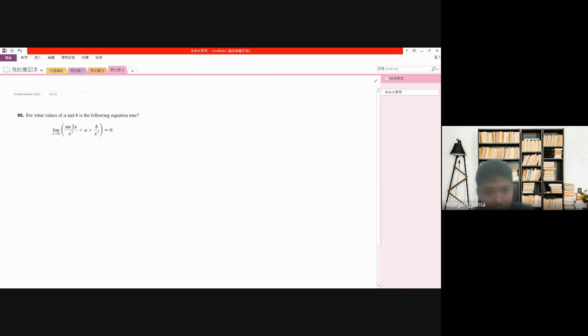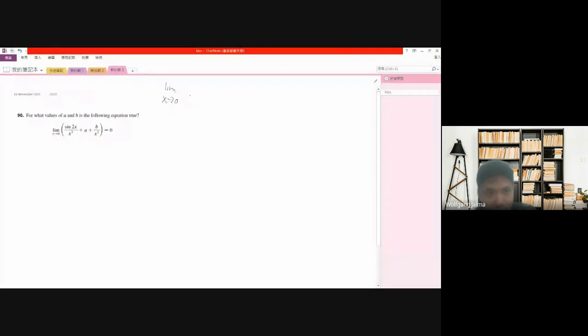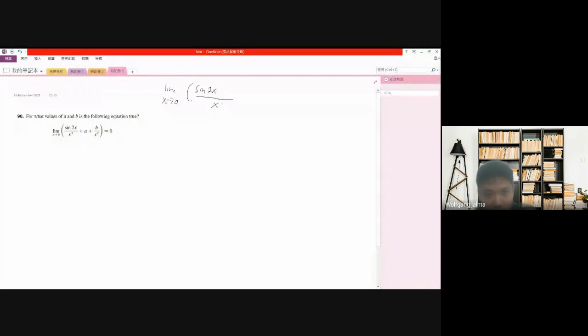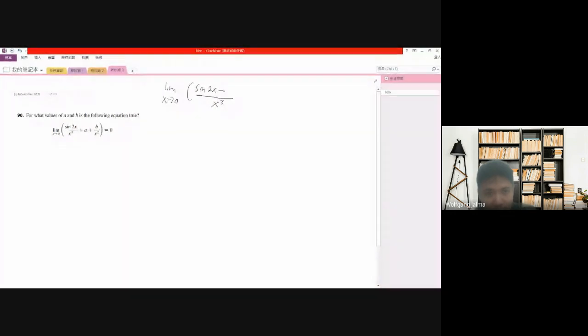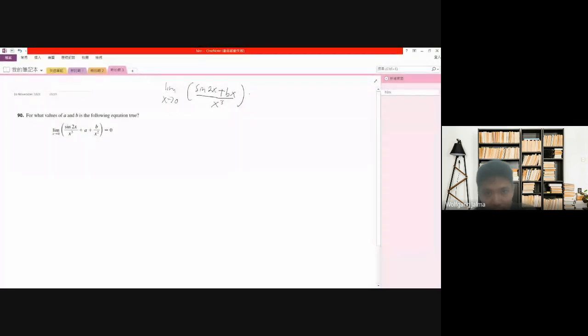Okay, this one is equal to the limit as x approaches 0 of sin 2x over x cubed plus bx, plus the limit as x goes to 0 of a.